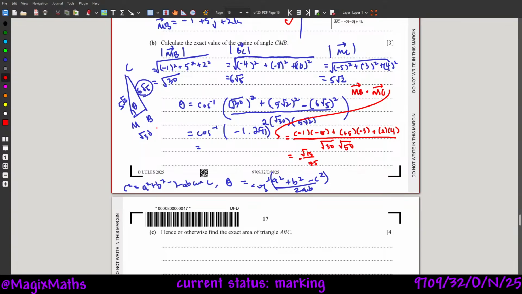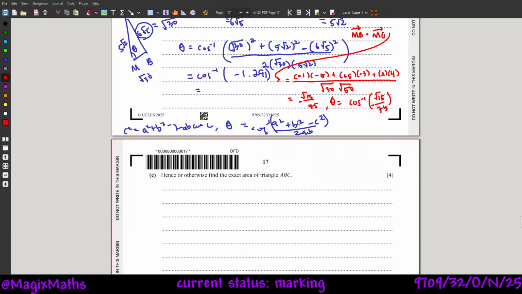And then we have to inverse of this. It's negative. Why is it negative? Try to ask this. Why is it negative? Because it's negative, obviously, when we calculate it.